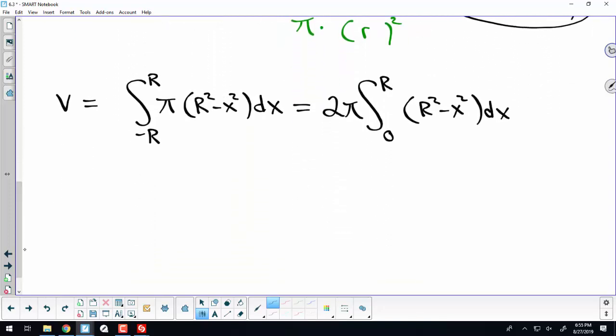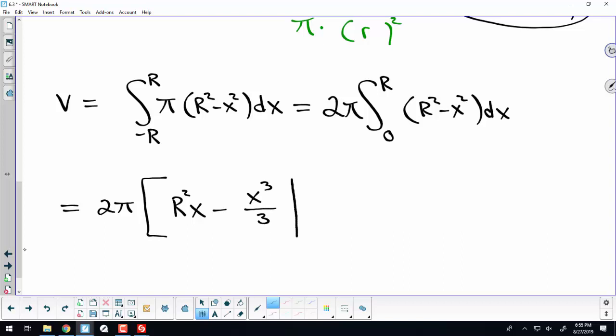Okay, so integrating r squared with respect to x, what do we get? R squared x. So I'm going to put that in here. That's r squared, it's a constant. Integrating a constant. Minus x cubed over 3.